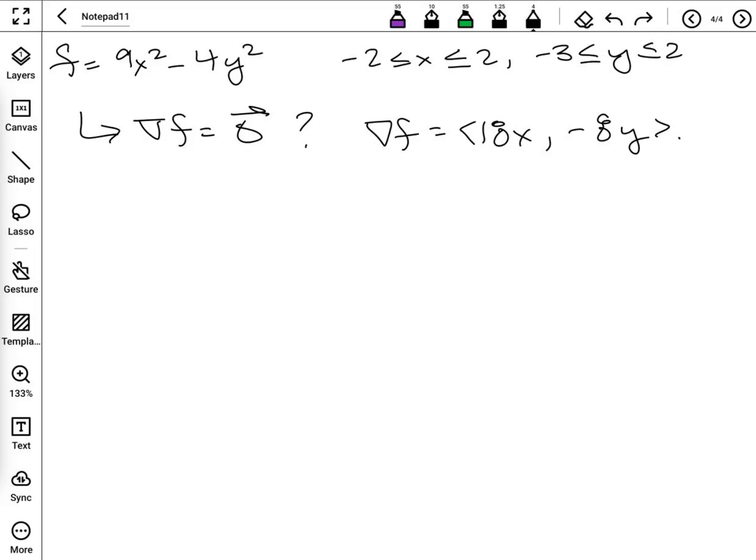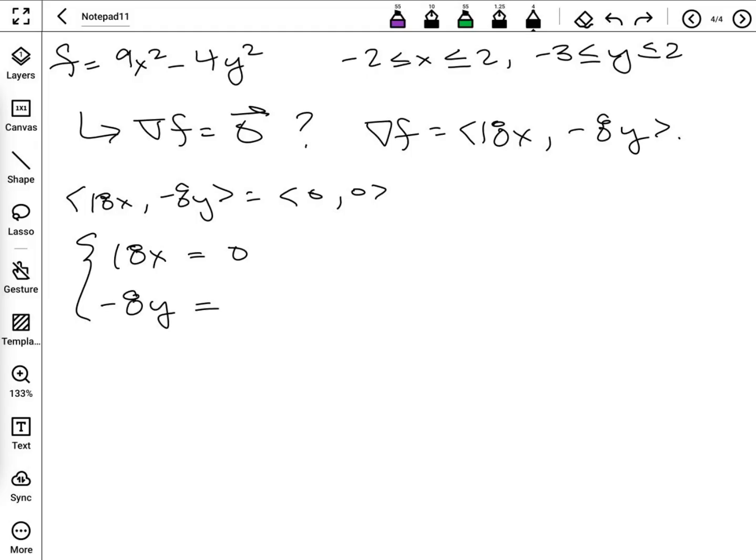And if I want that to be equal to the vector 0, I do it component-wise, and so that's going to give me the system of equations where the first component of my vector is equal to 0 and the second component of my vector is equal to 0. So this function doesn't have a whole lot of points. The only one I can possibly find is when x is 0 and when y is 0. So the one point I need to check is the point 0, 0.